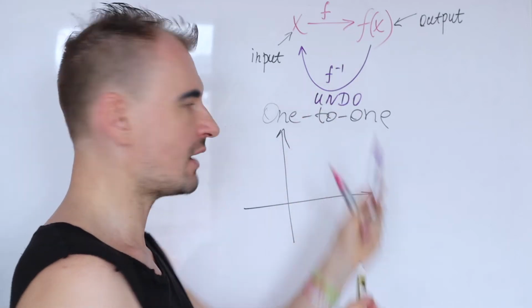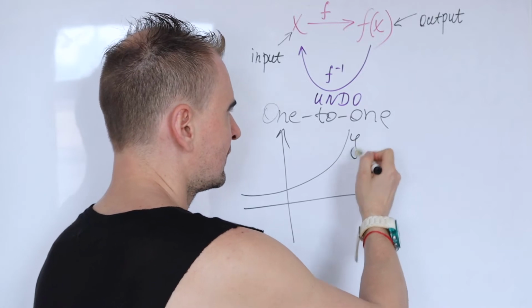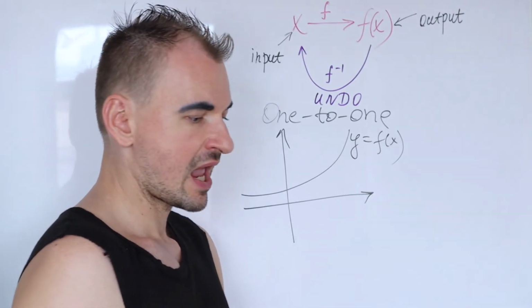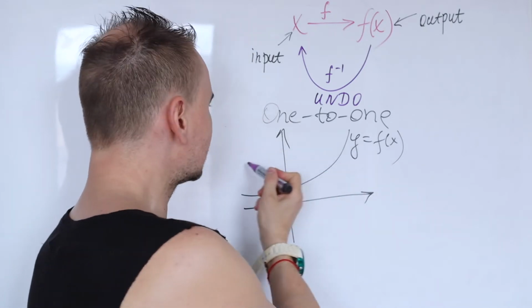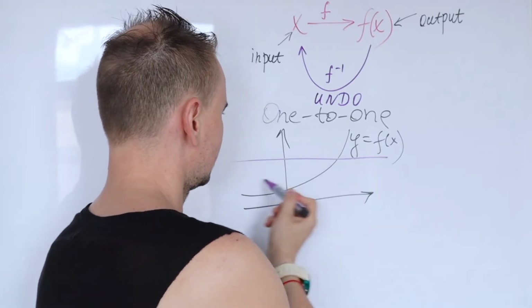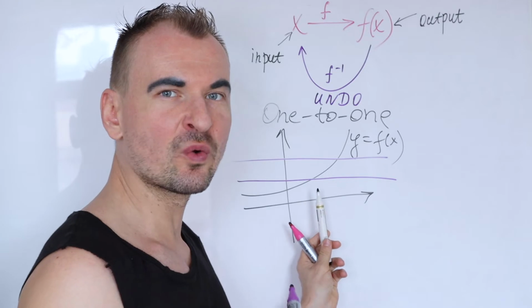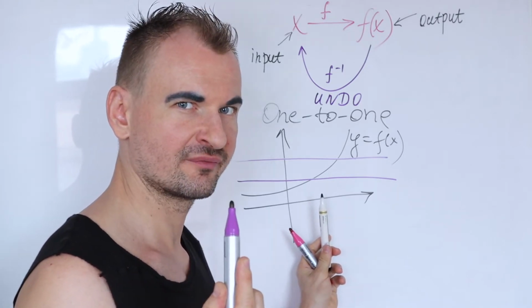If you have a graph of your function, let's say you have something like this. This is your f of x. And each horizontal line passes through your graph at one point.